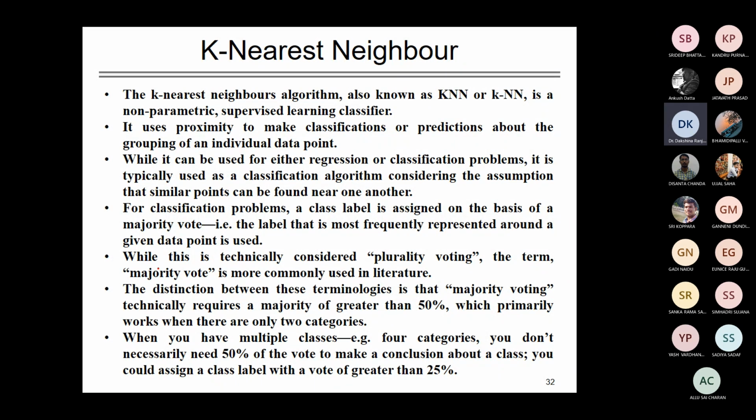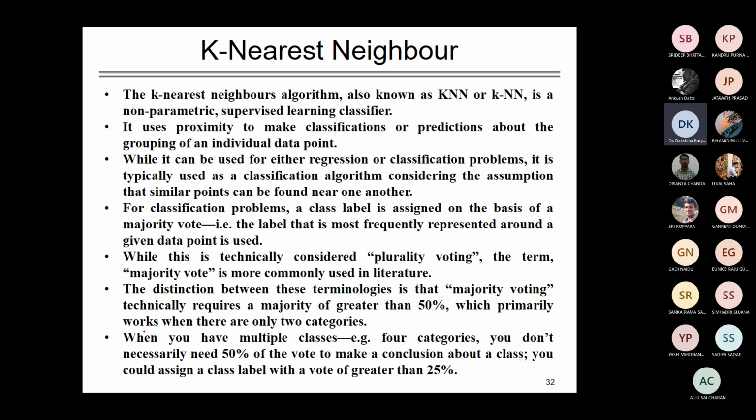While this is technically considered plurality voting, the term majority vote is more commonly used in literature. The distinction is that the majority vote technically requires a majority of greater than 50%, which primarily works when there are only two categories.